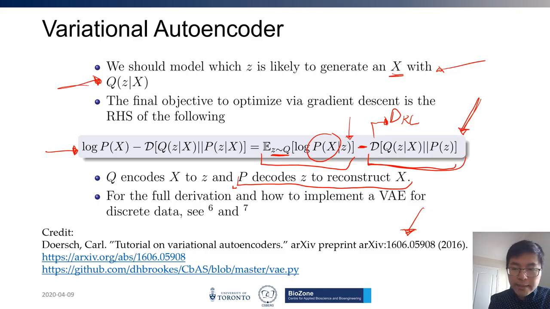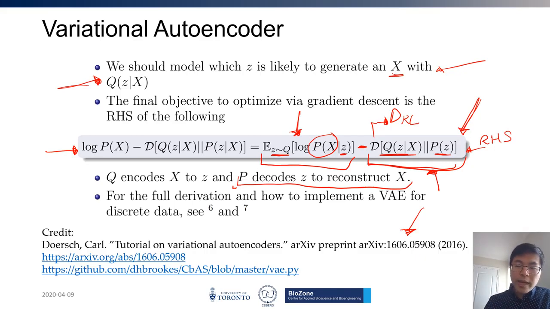So the right-hand side of this equation is going to be maximized when the value of this is maximized, i.e. you have the Z which gives you a data point X with high probability, and with those that minimize the second term. So a very small second term, which is minimum KL divergence between this proxy Q and the original distribution P.